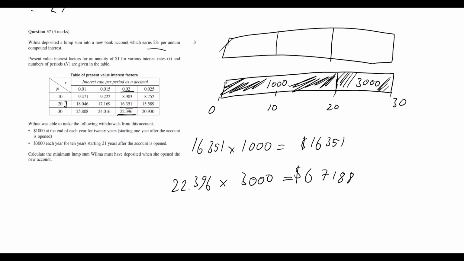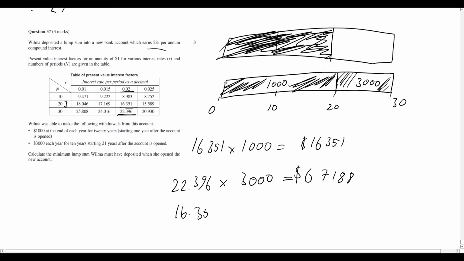But as I've just mentioned, we are getting rid of those first 20 years, since we know that for the first 20 years, she only withdrew $1,000, not $3,000. So how much would it have taken to withdraw the $3,000 for the 20 years? Well, that's just equal to 16.351 times by 3,000, and we find that that's equal to $49,053.